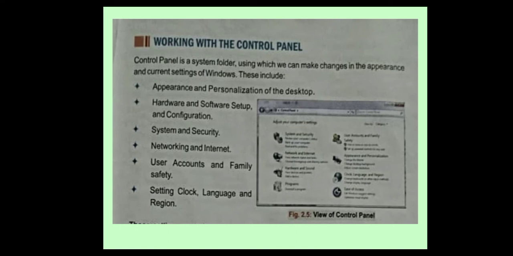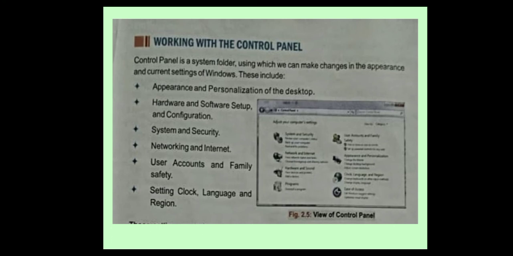Here are some important points in a control panel. First, appearance and personalization of the desktop. That means the look of your desktop when you open it; you change this setting in the control panel. Second point, hardware and software setup and configuration.